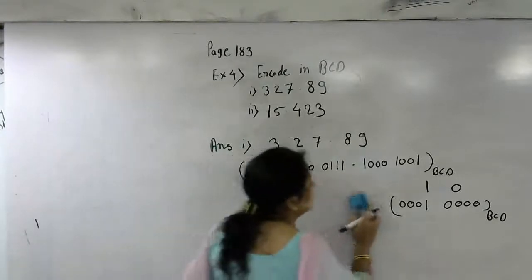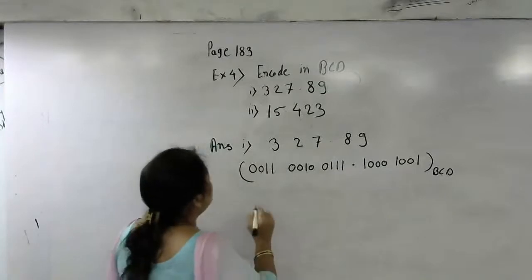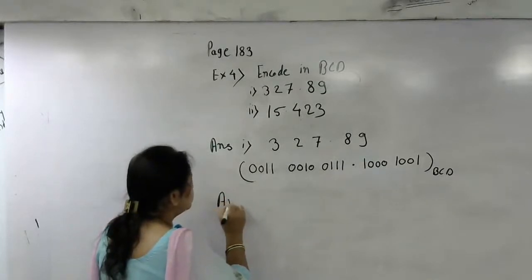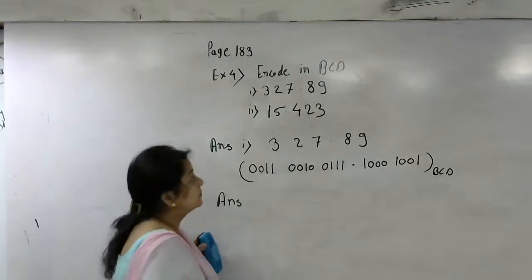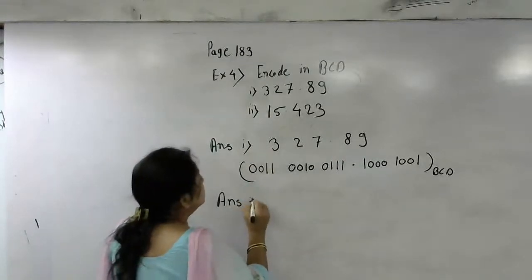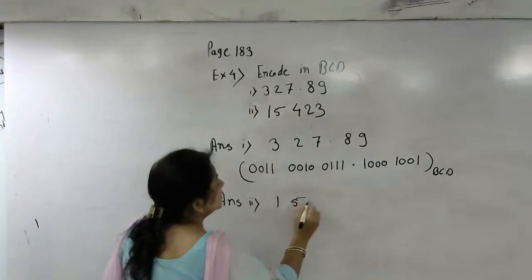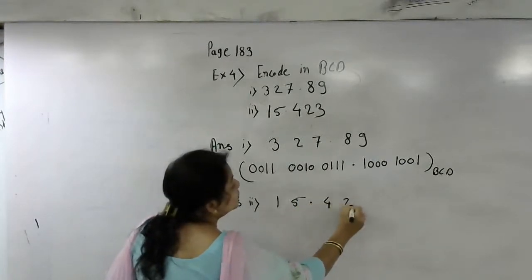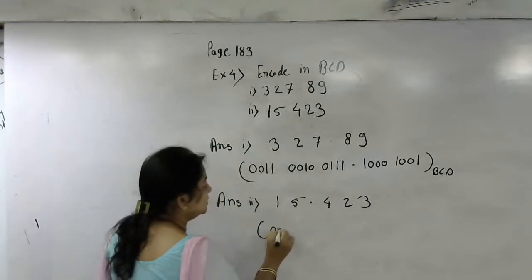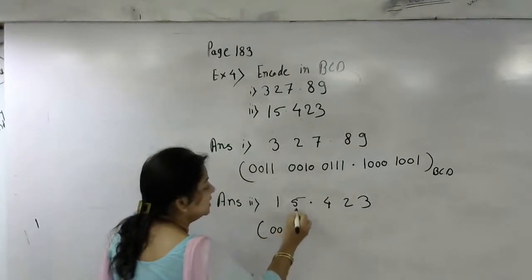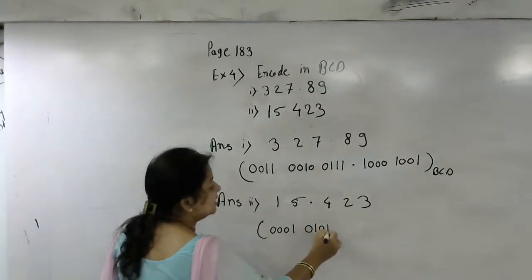Now the second example, 15.423. Write properly simultaneously with me. Therefore, in place of 1, you have to write 0 0 0 1. In place of 5, you have to write 4 plus 1 is 5.